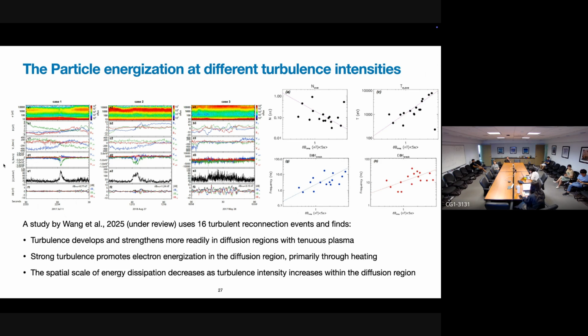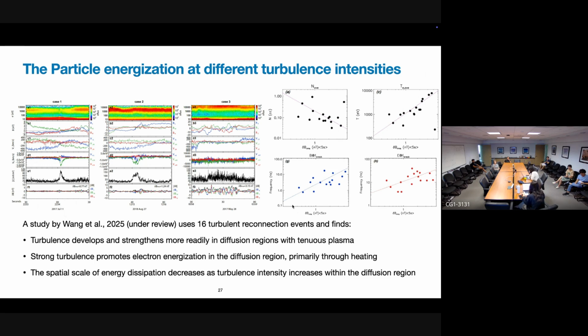What they find is that when you have stronger turbulence, you end up with lower particle density, and at the same time the electron temperature becomes higher. That agrees with what we see in the previous case study.